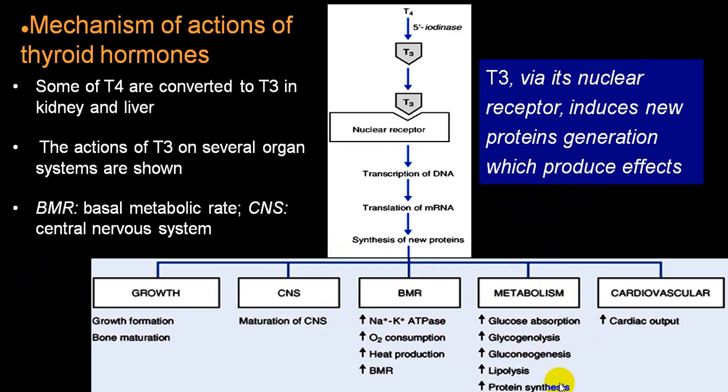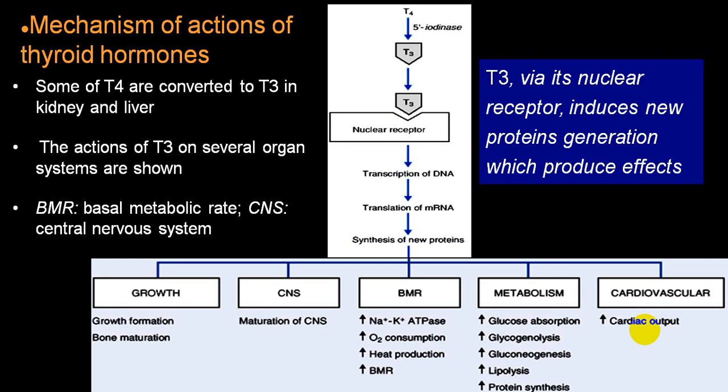And it stimulates protein synthesis, and also it will break down protein from muscles. So in excess, it will be catabolic. In normal level, it is anabolic. As far as the cardiovascular system is concerned, by release of catecholamines, it will increase cardiac output by increasing the force of contraction and by increasing the heart rate.